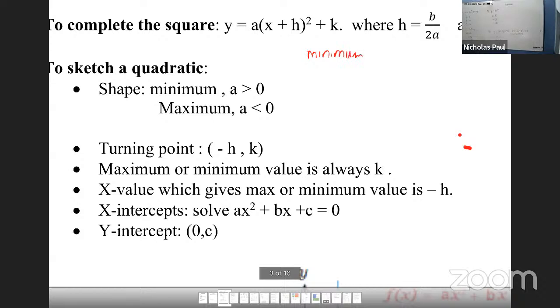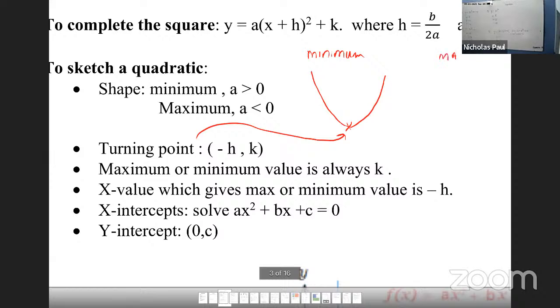It comes down here, reaches a minimum value, then goes back up. So it's called a minimum because it goes down to a minimum value and then goes back up. That point is also called the turning point.